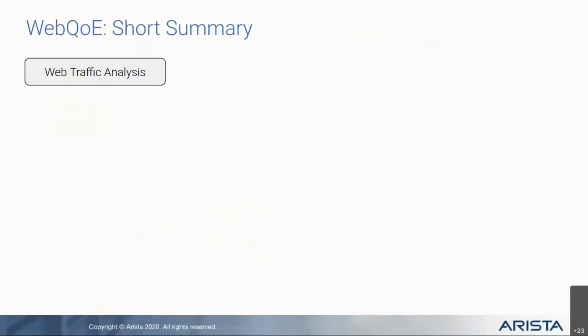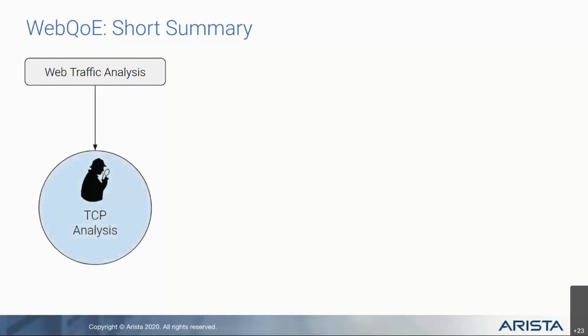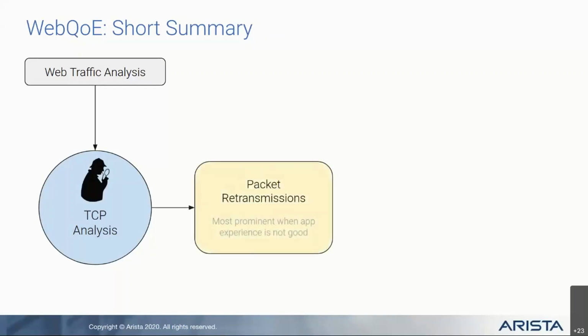So we did that. We collected a few samples of good and bad experiences in the network, and we started analyzing them. Upon analysis, we found that most of this traffic was TCP. So we went a step further and tried to analyze how those TCP traces look. What we found was that one of the most prominent characteristics of traces with bad experience was packet retransmissions.